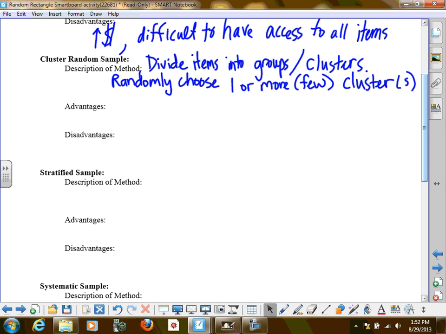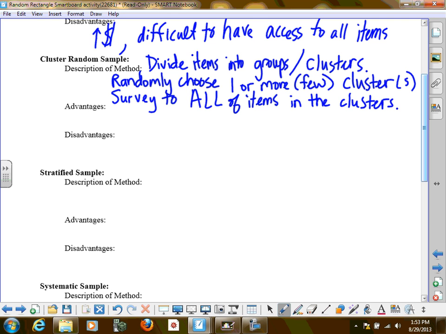That's technical, straightforward cluster sampling, where you randomly choose one or more of the clusters and then you survey or do whatever you're doing to all of the items in the chosen clusters. So if you happened to choose cluster 3, you would have averaged that whole entire cluster and gotten the average of all of it.